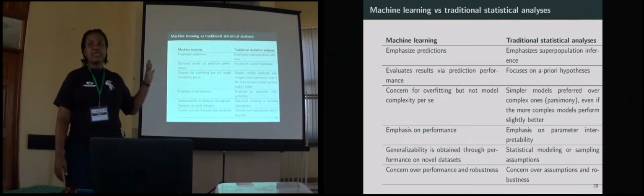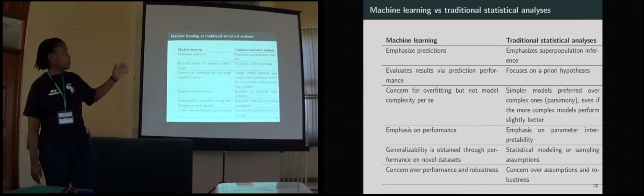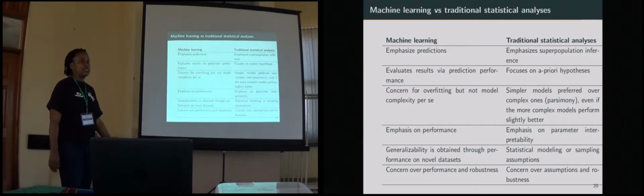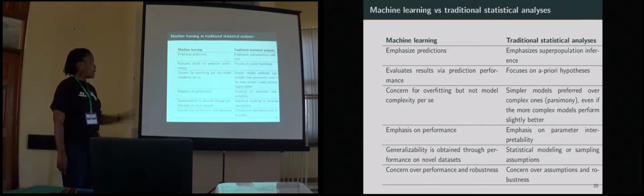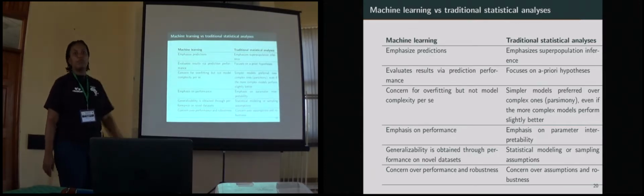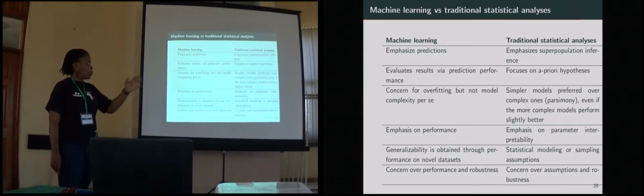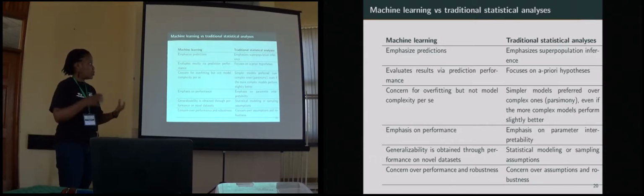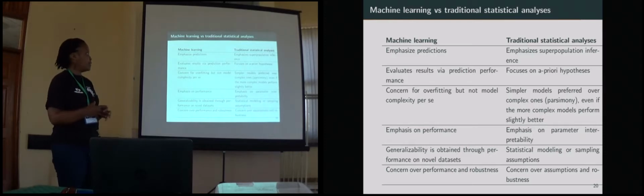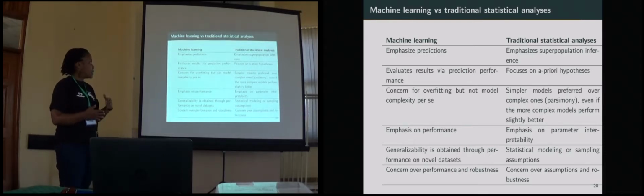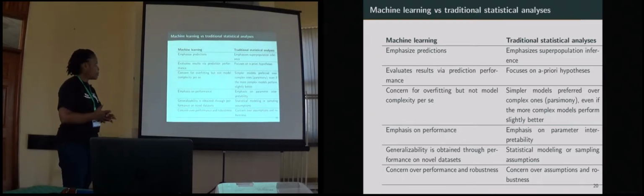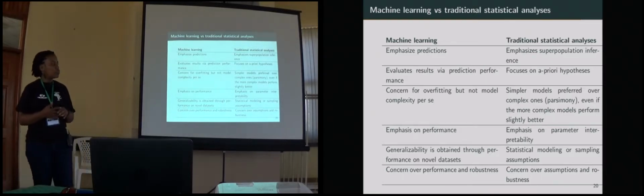This gives the basic differences between machine learning and traditional statistical analysis. Machine learning focuses mainly on predictions, whereas in statistical analysis you mainly focus on population inferences. In machine learning you focus on prediction performance, whereas in traditional statistical analysis you rely mainly on an a priori hypothesis.